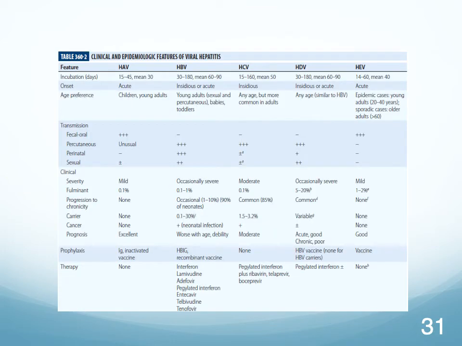These are the features of the hepatitis viruses from A, B, C, D, and E. You have your incubation period, the onset, the transmission, the clinical severity, whether we use prophylaxis or therapy, and so on and so forth.